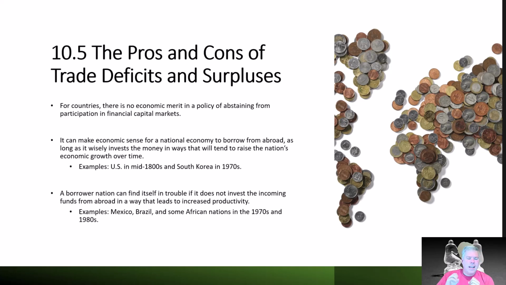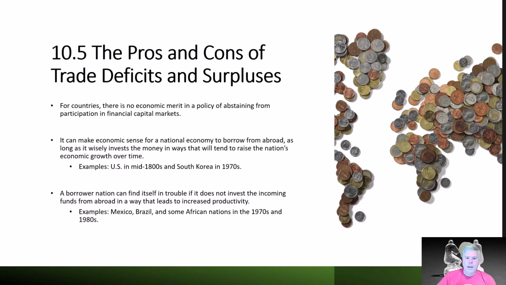It makes economic sense for an economy to borrow from abroad in some cases, as long as it wisely invests the money being borrowed in ways that tend to raise the nation's economic growth over time. So the U.S. in the mid-1800s took a lot of foreign investment from Europe in particular, which allowed us to jumpstart from an agricultural economy to an industrial economy.